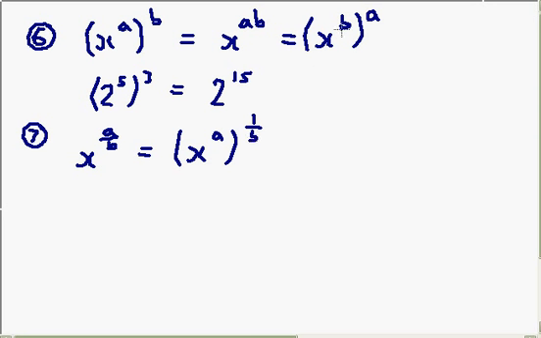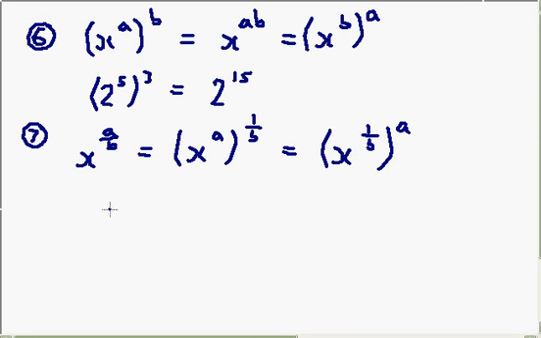That is straight from law 6. Or you can write it as x to the 1 over b to the a. These are interchangeable, they're fine. One of them will usually be better than the other.